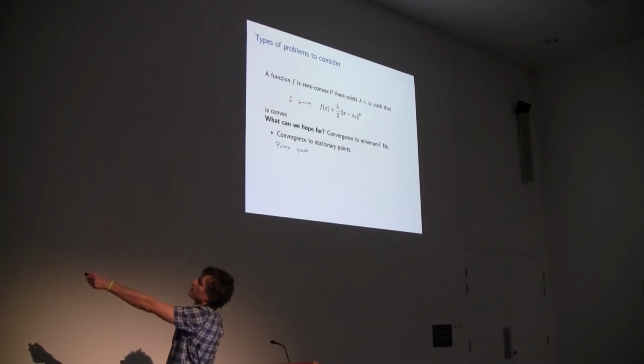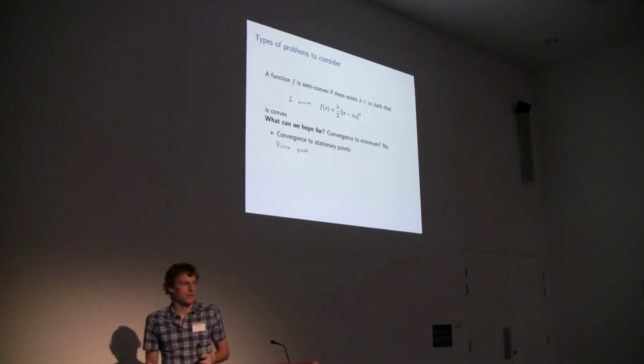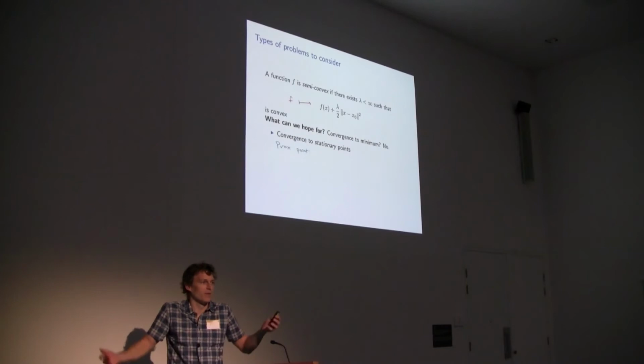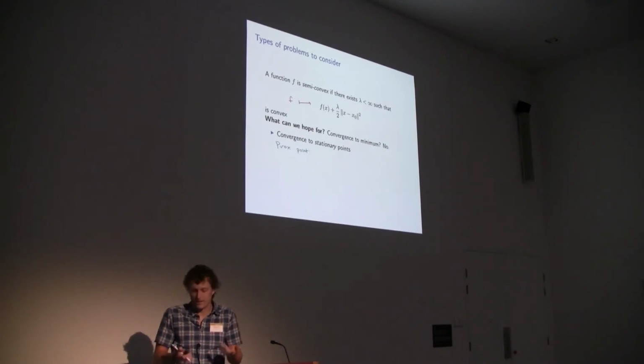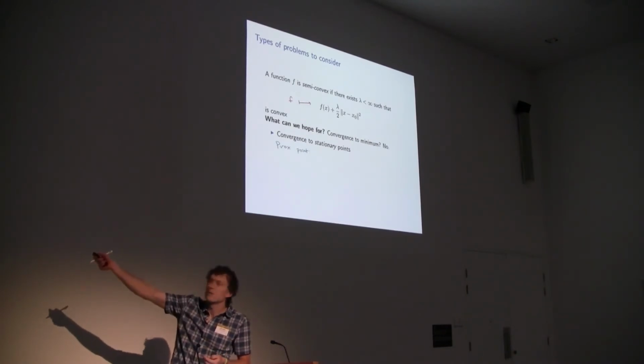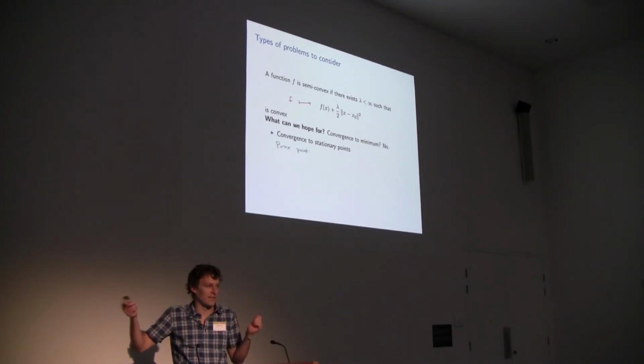Because this is now a convex problem, I can minimize it. I could run subgradient descent or something like that, and I could get to the minimum of this function. Even if it doesn't have a lot of structure, at least it's convex, I can go downhill on that.